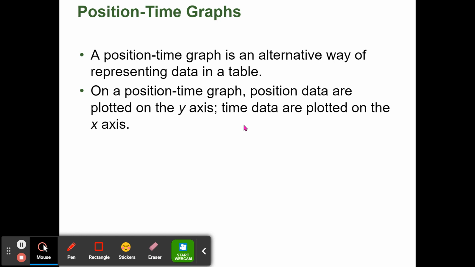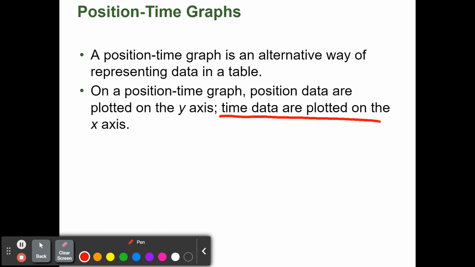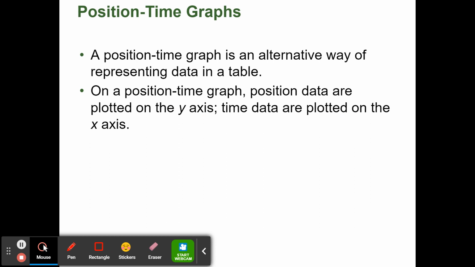That's going to make your life a whole lot easier, because whatever else you're measuring is going to go on the y-axis. It's going to be your dependent variable. So make sure that you write that down. Time is always plotted on the x-axis because it's always the independent variable. When we're doing position versus time, we're doing distance or displacement versus time. So the position is always going to be on the y-axis, and the time is always going to be on the x-axis. Okay?